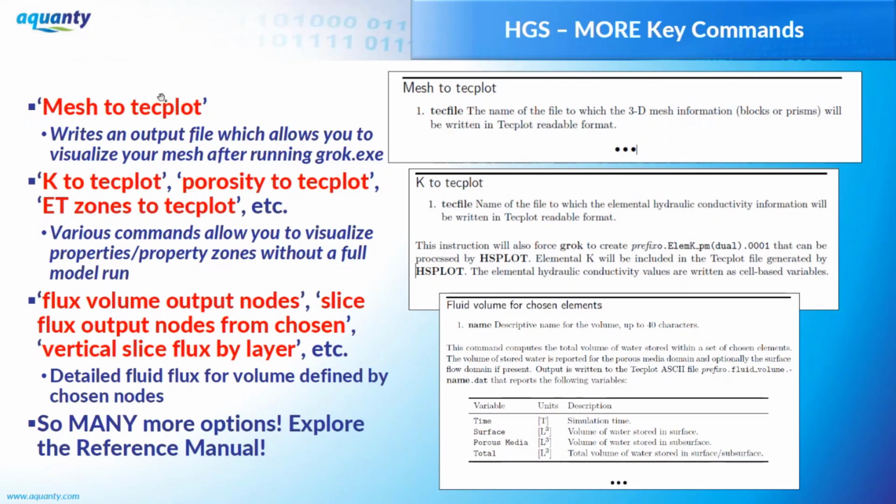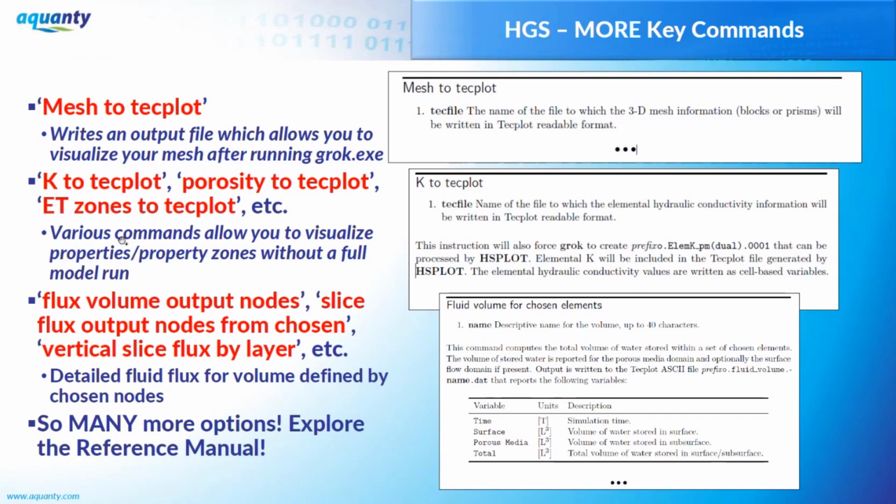These are commands that will run on grok and give you .dat files that you can take and open in Tecplot before running HGS and Hsplot, which is a good thing if you want to look at your mesh before running HGS, make sure that everything you assigned looks right. You can look at your K values, you can look at your porosity, ET zones.